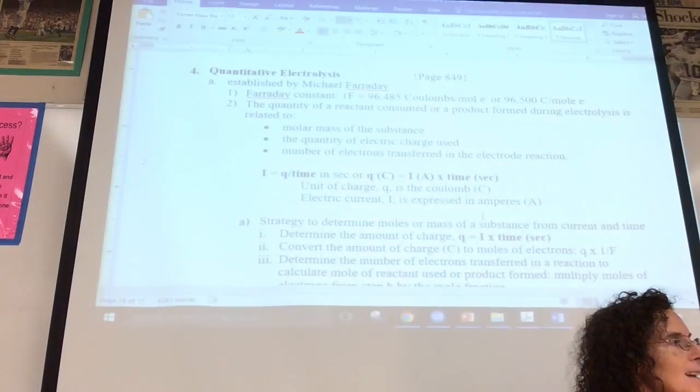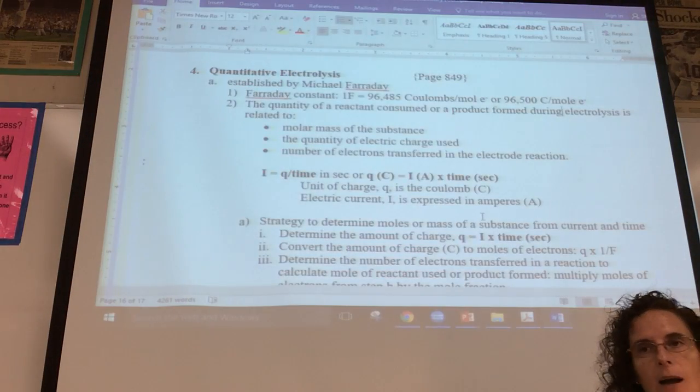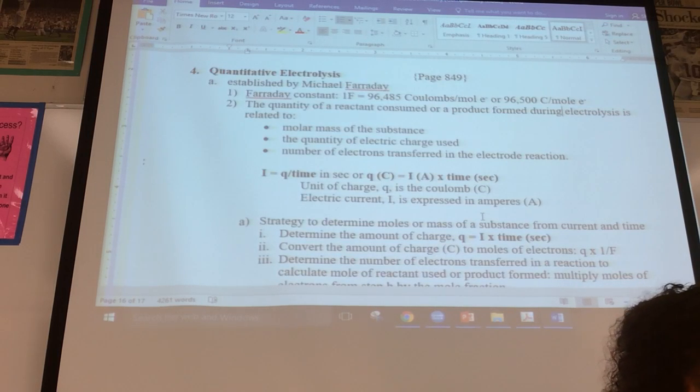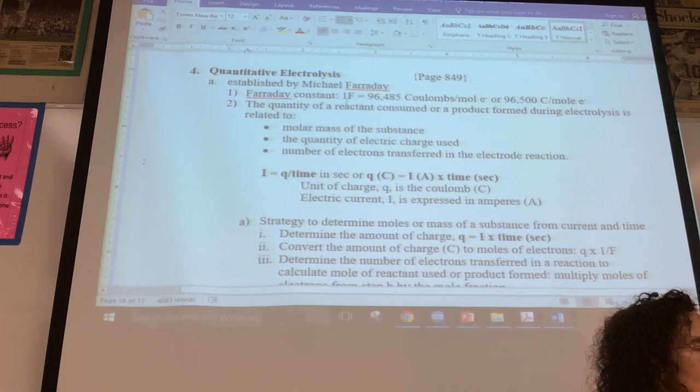All right, last piece is quantitative electrolysis. We're going to link electrolysis, and not the hard part, to stoichiometry. Super simple. Established by Faraday. You already know Faraday's constant.